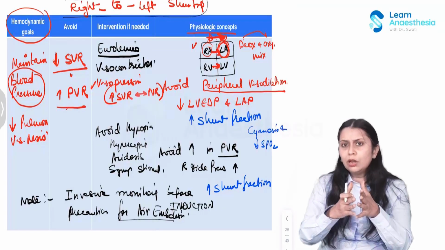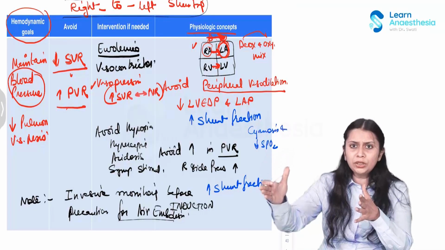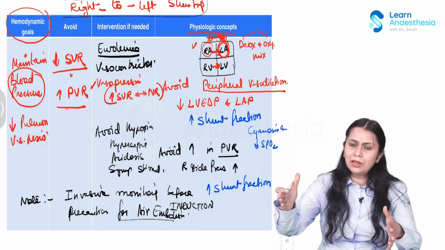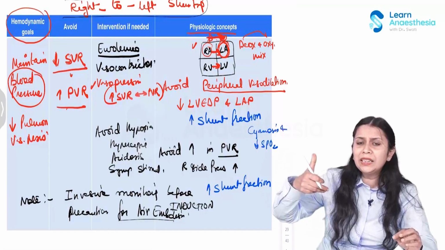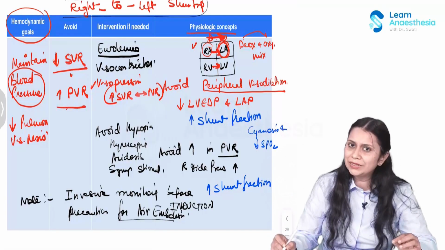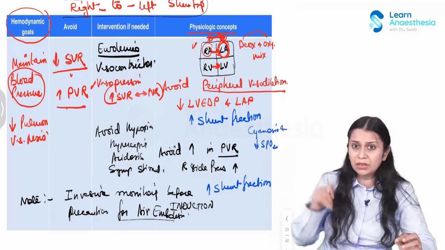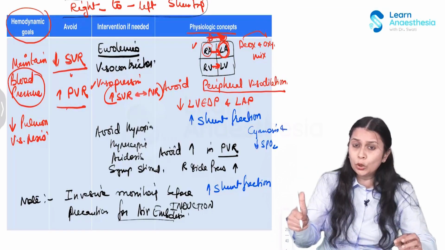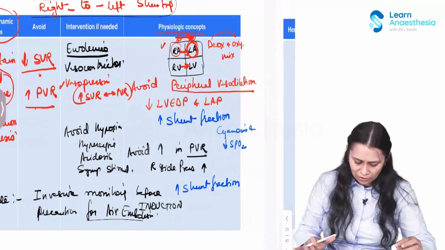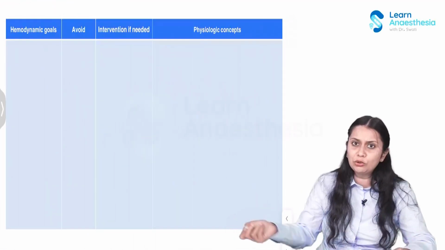So we maintain the systemic pressure and decrease the pulmonary vascular resistance, right? Any increase in pulmonary vascular resistance or decrease in SVR can increase cyanosis in these patients. So we have to remember this would be our hemodynamic goal: maintain SVR, decrease PVR.